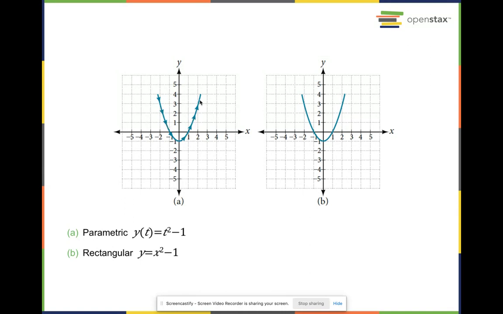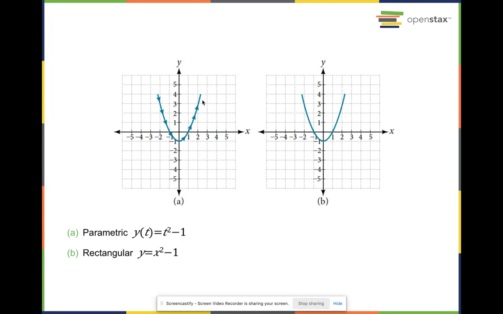You'll notice we have these arrows. This is just the graph y equals x squared minus 1, so it looks very similar, which we'd expect. But now we have this new element: a direction along this curve that our points are moving. As t gets bigger, we are moving along this curve in this direction.